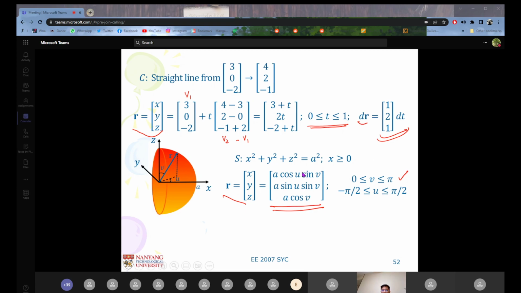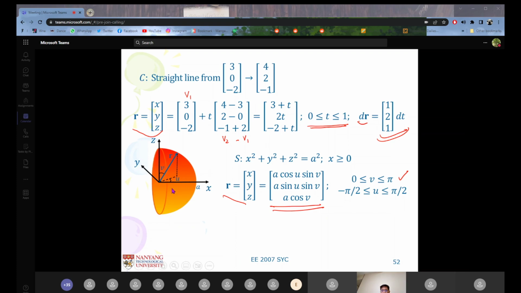And then what happens to U? Does U go from 0 to pi over 2? It cannot be. U here will have to start from the negative y-axis, which is this point here. At this point, what's U? U is minus pi over 2.